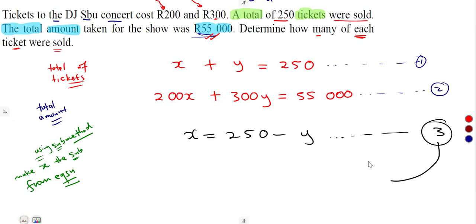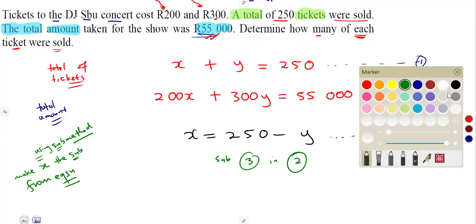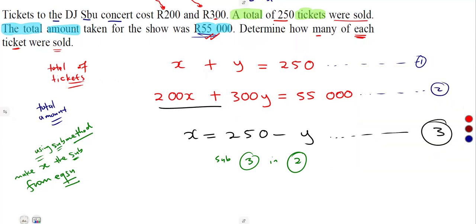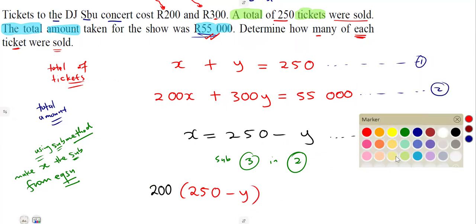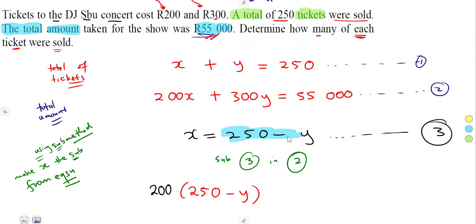Substitute equation 3 in 2. So we're going to substitute 3 in equation 2, in place of x. This is 200 times x, and x is given as this. So you substitute 250 minus y, representing our x value. This is what represents our x, remember?